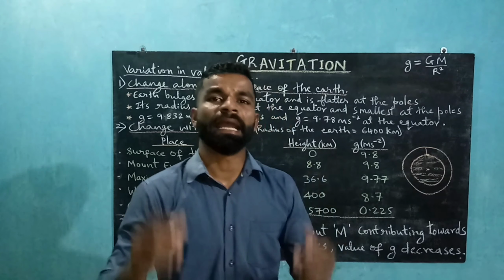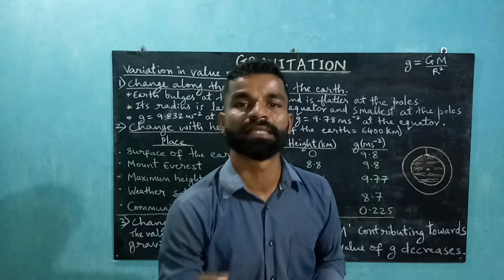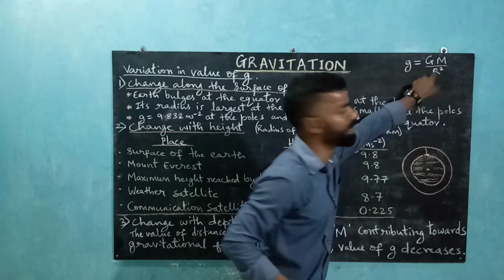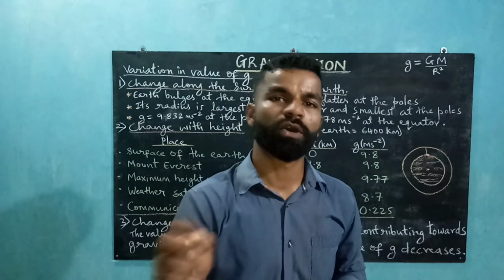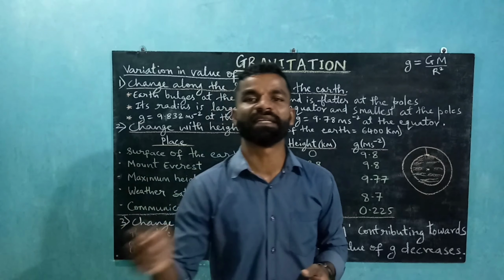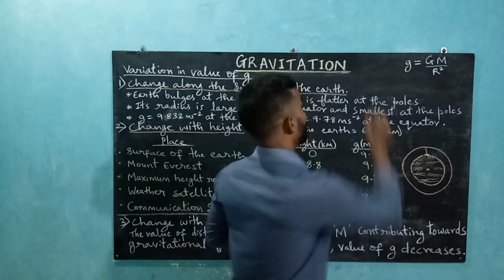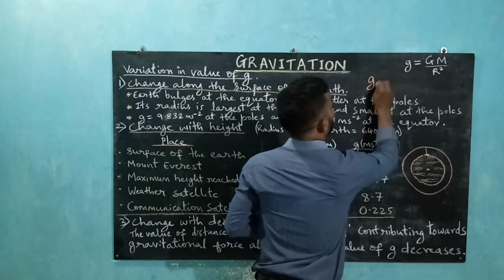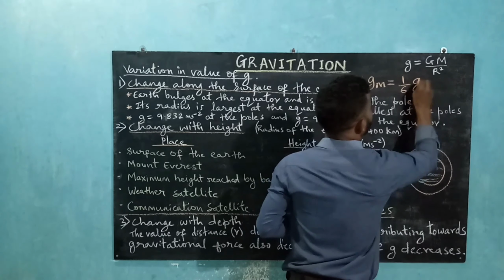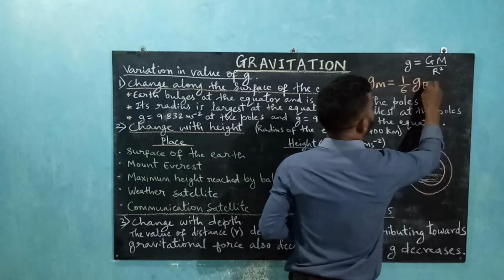Every planet and satellite has different masses and radii. The acceleration due to gravity depends on the mass and the radius of the planet or the satellite. Now if you compare the moon's acceleration due to gravity to that of the earth, then the acceleration due to gravity of the moon is equal to 1/6 times that of the earth.